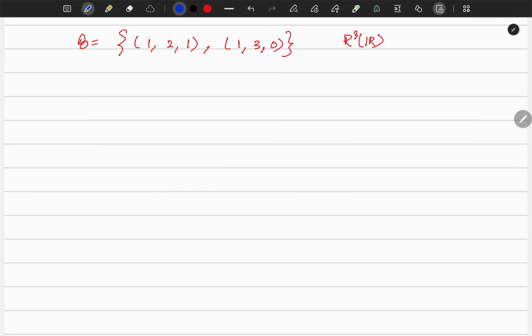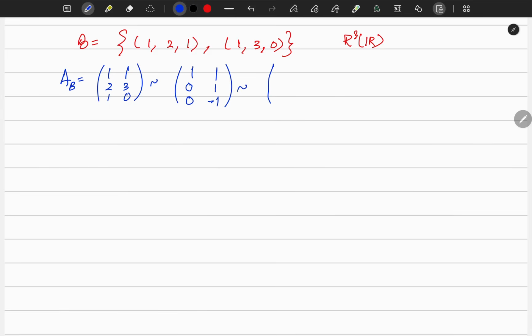You just try to check whether it is linearly independent and whether it spans the whole space or not. You just take a matrix A, or B, that is (1, 2, 1), (1, 3, 0), and try to make it into the echelon form, that is 1, 1; 2 minus 2, that is 0, 3 minus 2, that is 1; 1 minus 1, that is 0, 0 minus 1, that is minus 1.